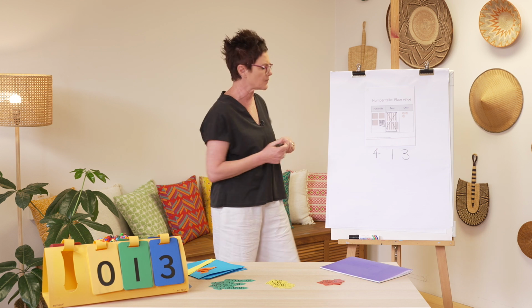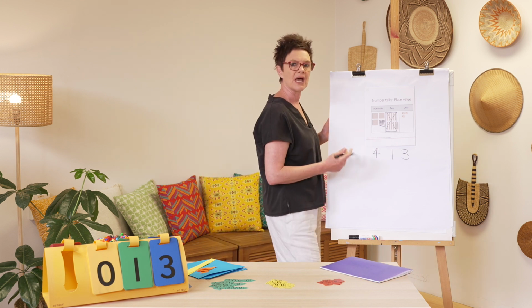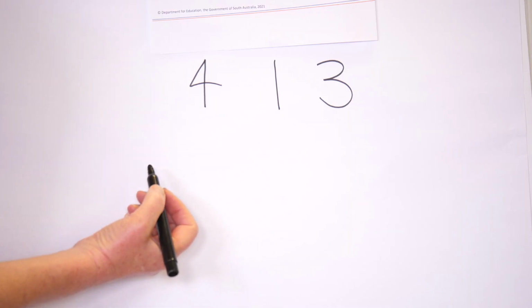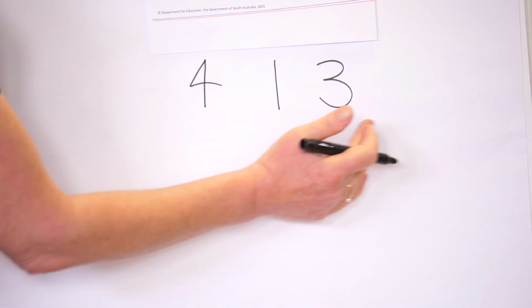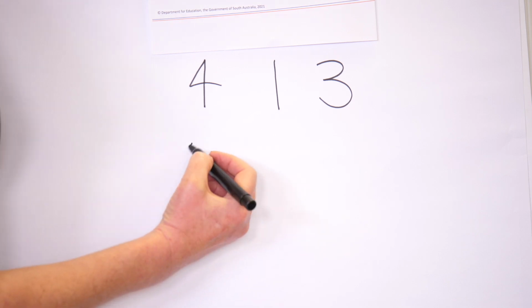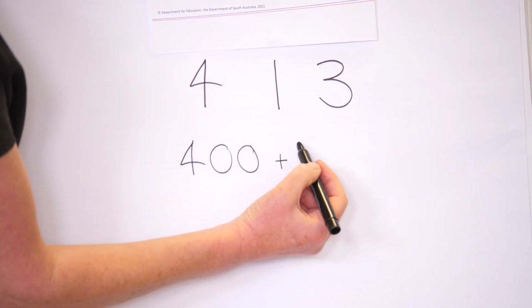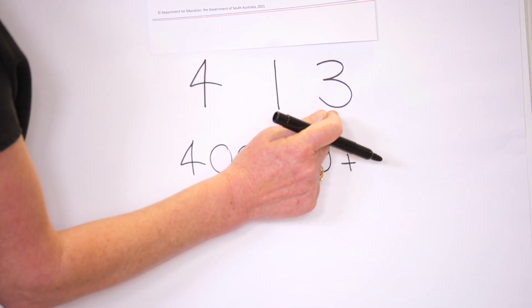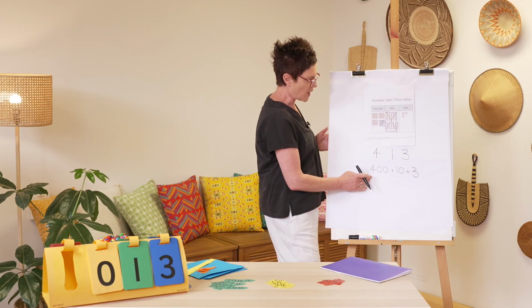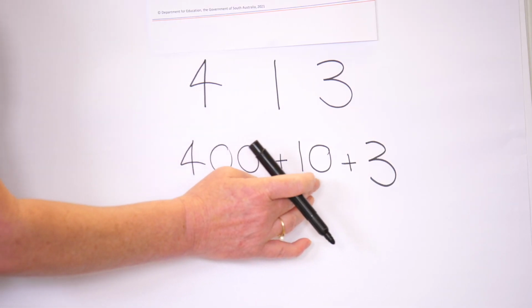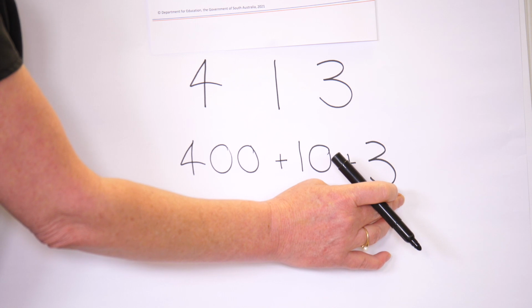Okay, great. What's 2 ways to write this number? 2 other ways that we might be able to write this number. Have a think. Warming up. Here we go. We can partition this number to 400 and 10 and 3 ones. So I can partition 413 to 410 and 3.